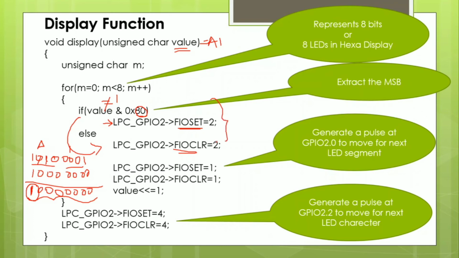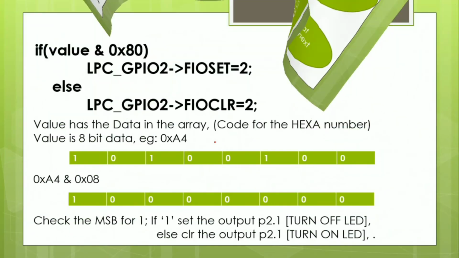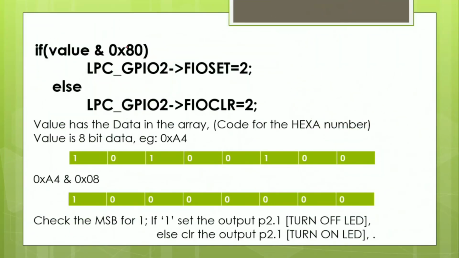Now let me understand this part. Look at the next slide. If the value ampersand 80, here you have taken a different example, which is A4. If it is equal to 1, you are setting the second bit. What is the second bit? It is pin 2.1.